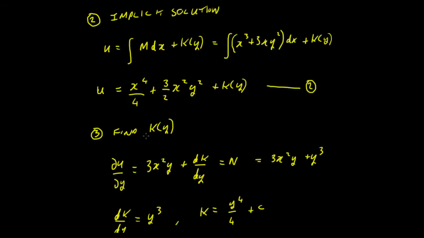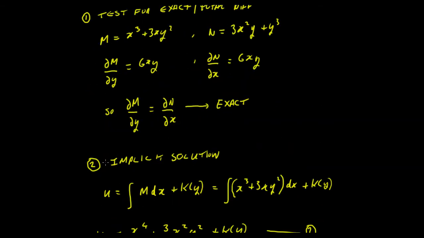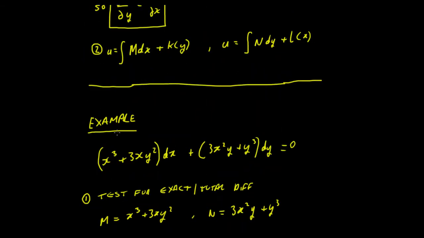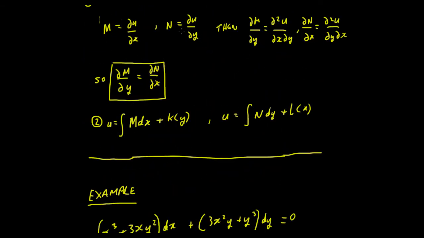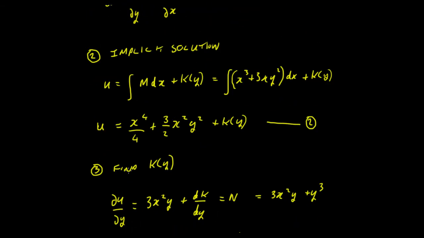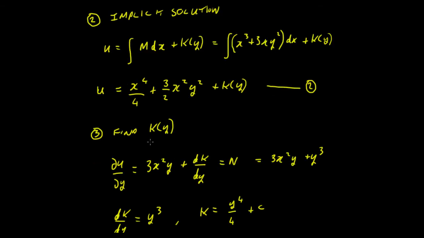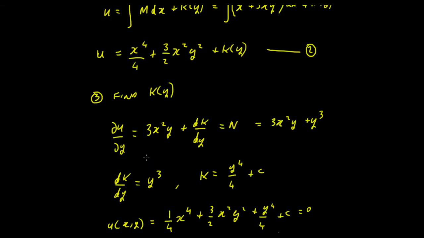We know that du by dy is going to equal our value of N. So we differentiate the expression above with respect to y, and that will give us 3x squared y.